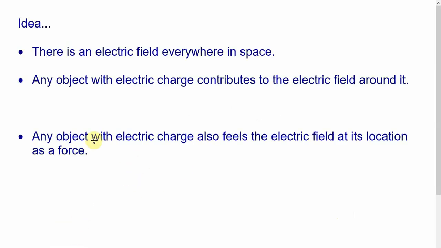So the idea is to introduce the idea of an electric field, and this is just like the gravitational field. When we learned gravity, we learned that everywhere in the universe there is a gravitational field, and we called it little g, and it was a vector. Anything with mass contributed to it, and anything with mass felt it as a force.